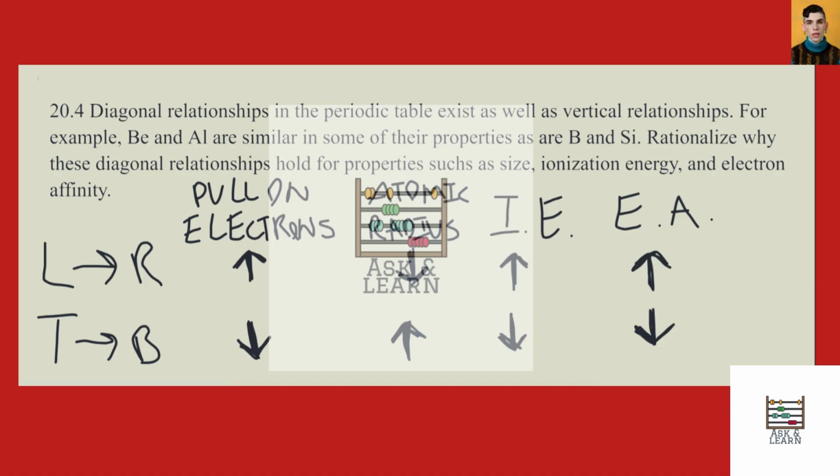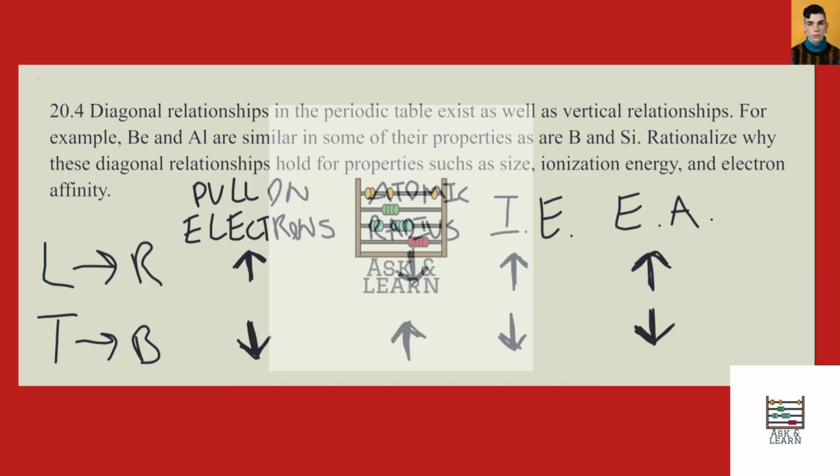Your valence electrons are experiencing the same shielding effects, but because you're increasing the positive charge in the nucleus by increasing the number of protons, then you're increasing the attractive pull that the electron feels towards the nucleus. And because you've increased that attractive force between the outermost electrons and the nucleus, the atomic radius decreases as we go from left to right. The electrons are pulled closer by that stronger force.